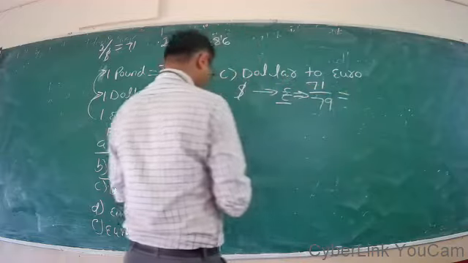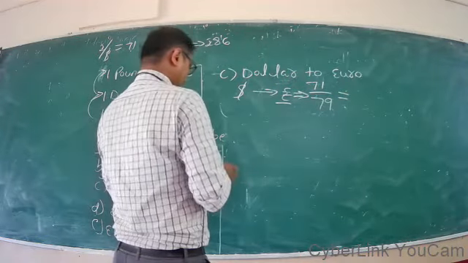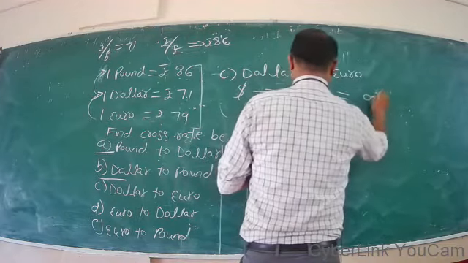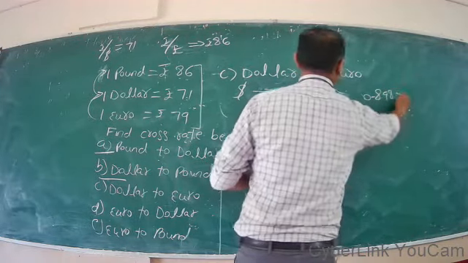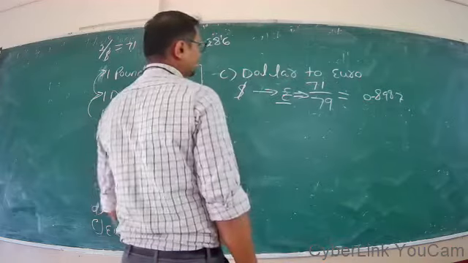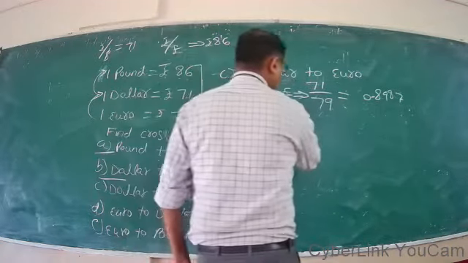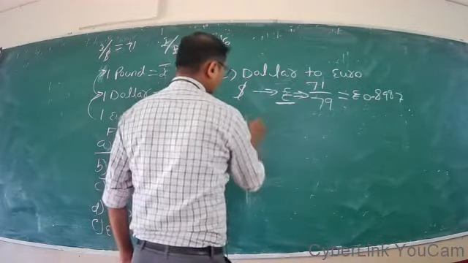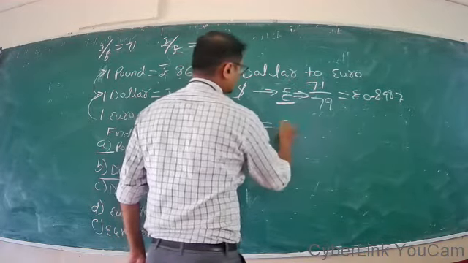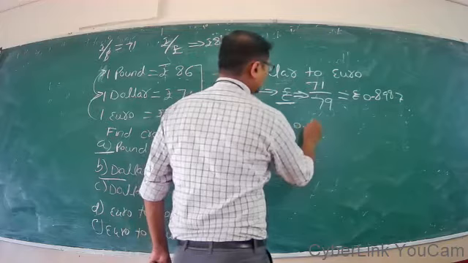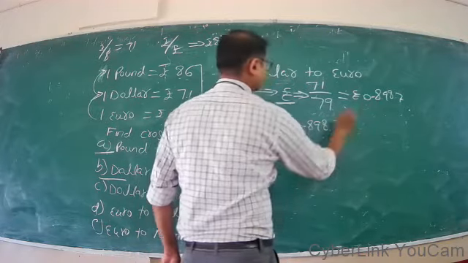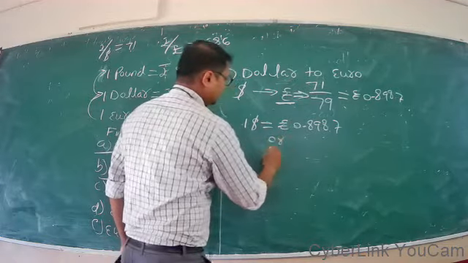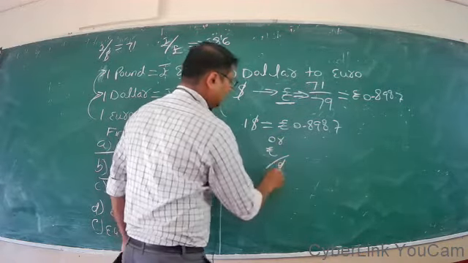So that is equal to 71 divided by 79, which is 0.8987. Now, which currency symbol? The second currency symbol, that is euro. That means $1 is equal to euro 0.8987. Or it can be rewritten as euro per dollar.